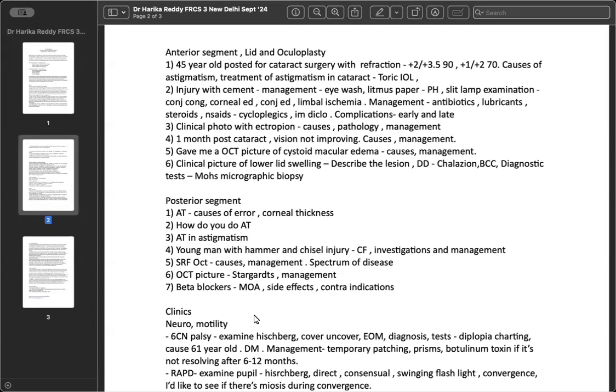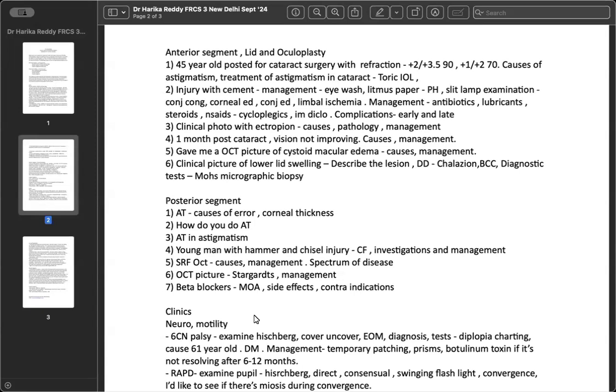Then again, management is the same, like lifestyle management. I told them common things, and he asked me what spectrum of disease SRF comes under. I didn't know this, but later I found out that it was the pachychoroid spectrum.